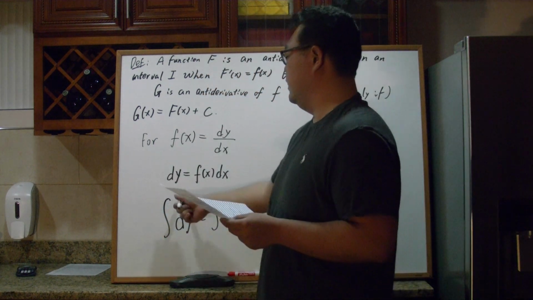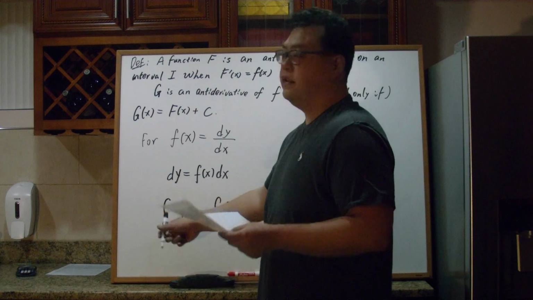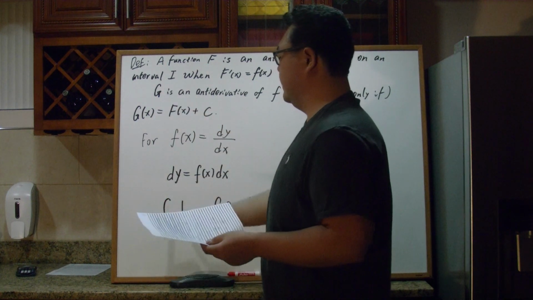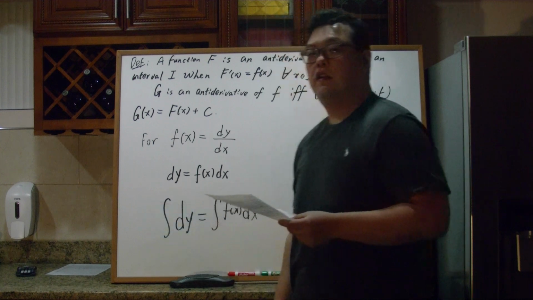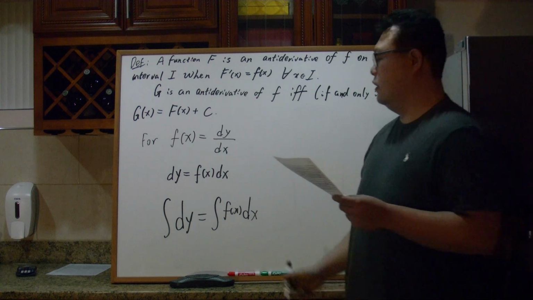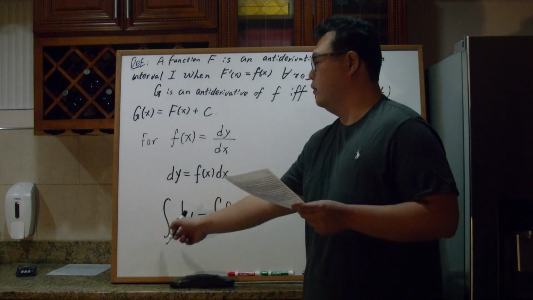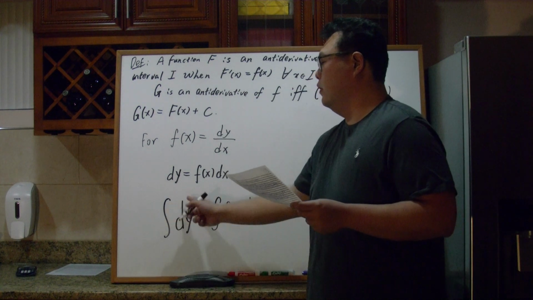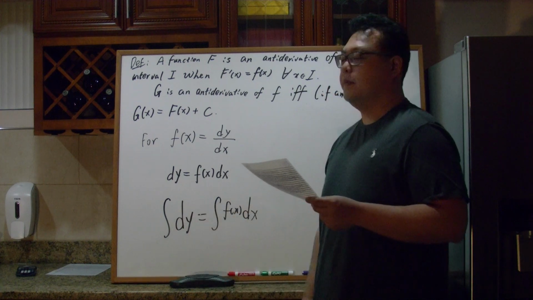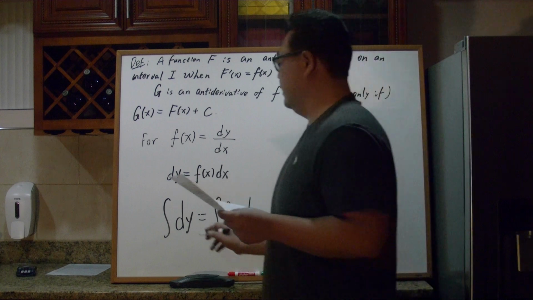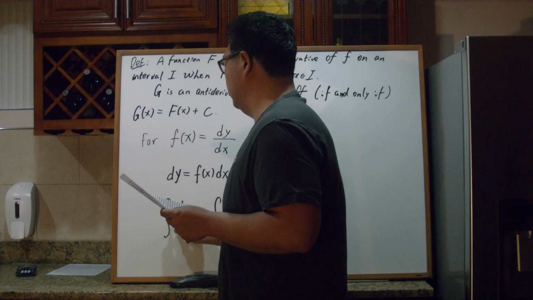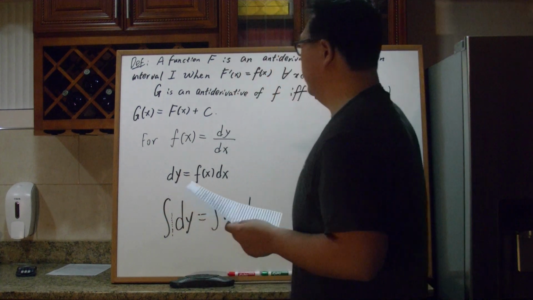It is like an extended S, not a horizontal line. That is the integration symbol. So the integral of dy, the integral of y with respect to our variable y, has an invisible 1 there.